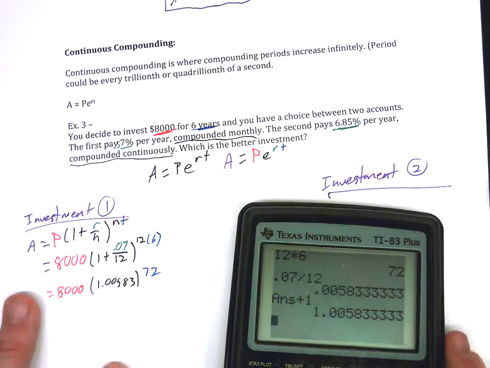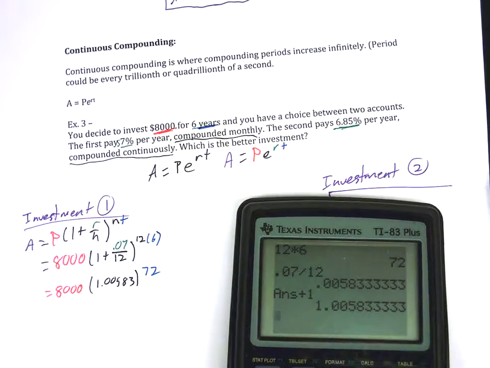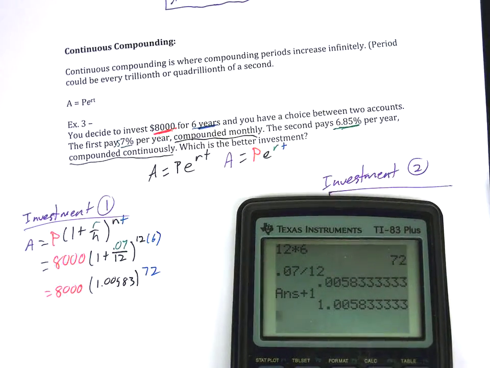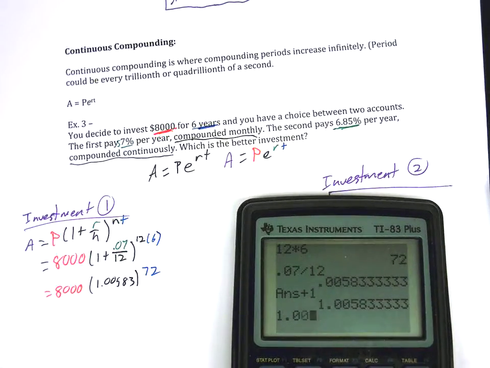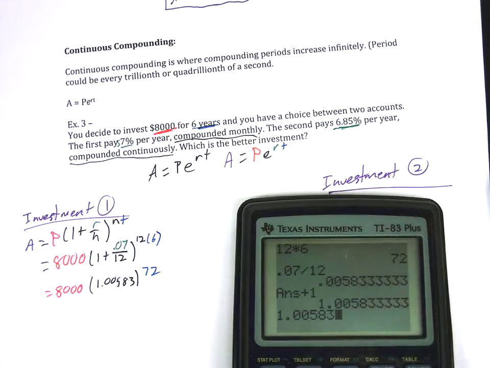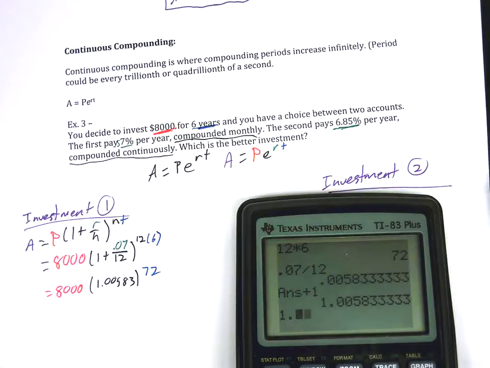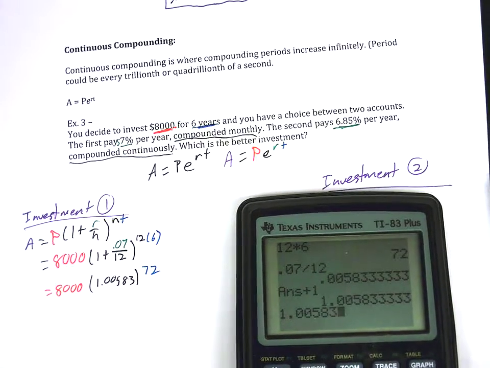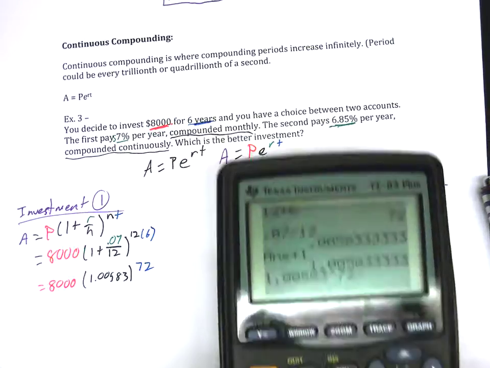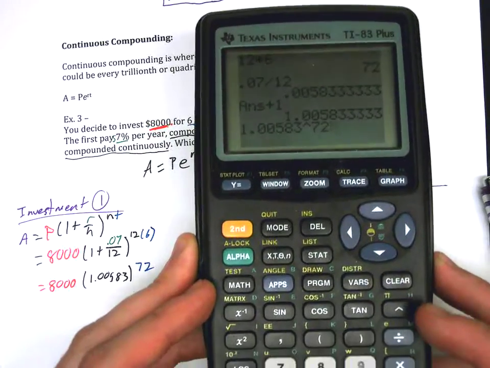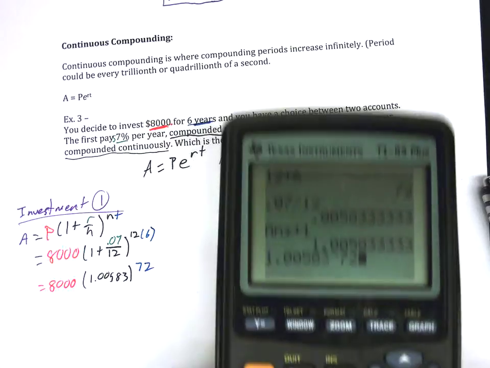So if we take that 1.00583, and we're going to multiply that by, oh, actually we need to do the exponent first. We're going to do that 1.00583 to the power of 72. So again, I'm using that caret button I was using before.